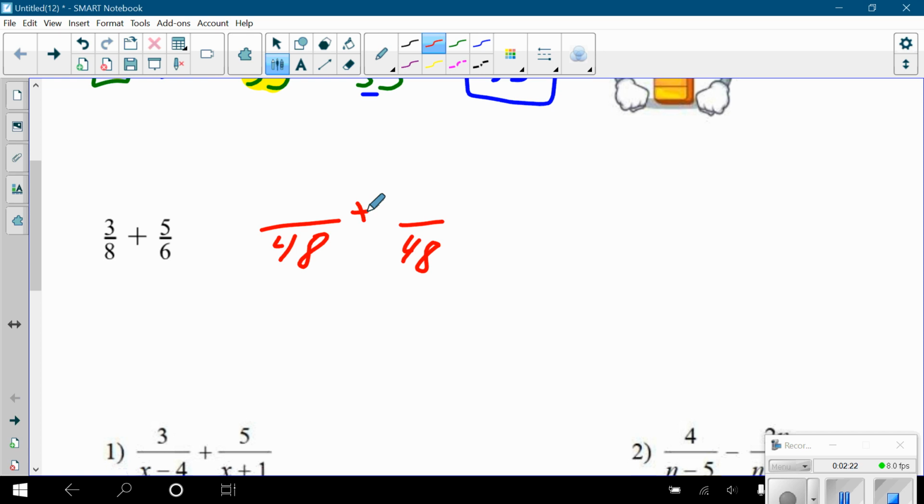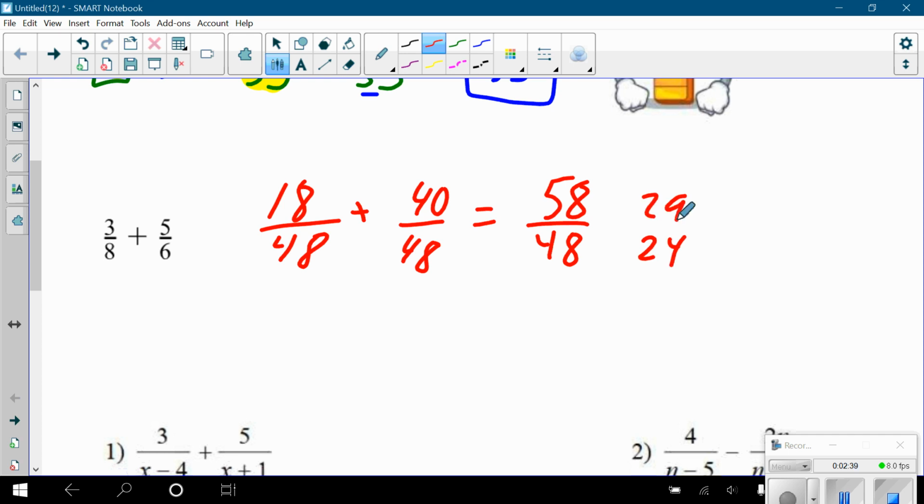You pick 48: 8 times 6 is 48, so 3 times 6 is 18. 6 times 8 is 48, 5 times 8 is 40. You'd add it all together, simplify the fraction, and that's fine.